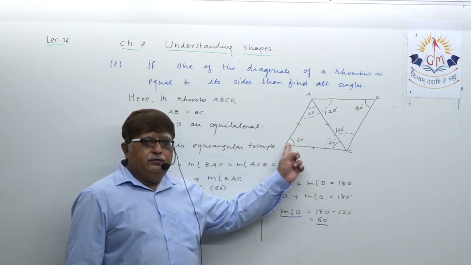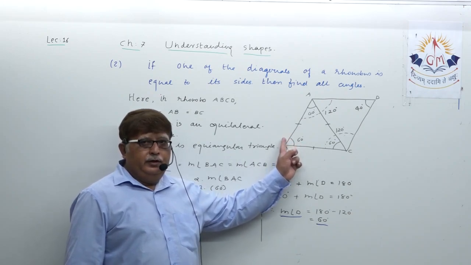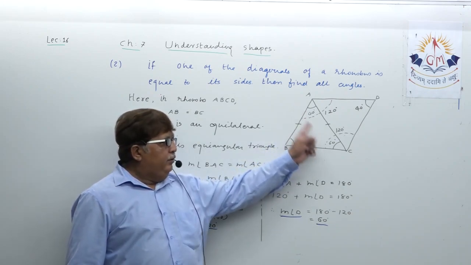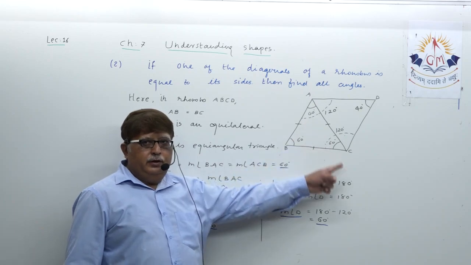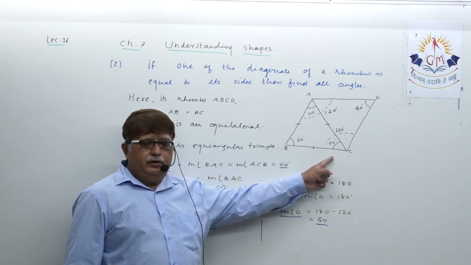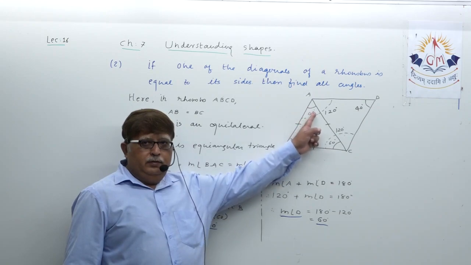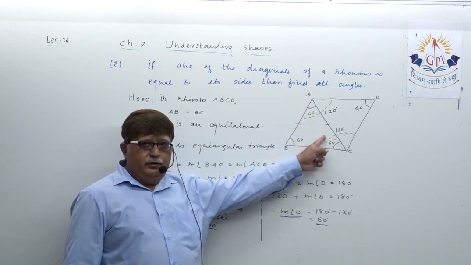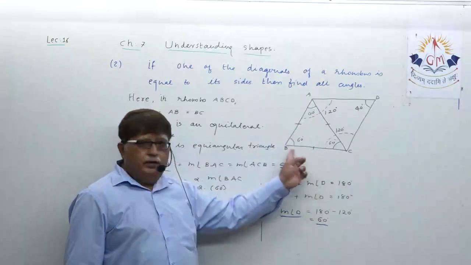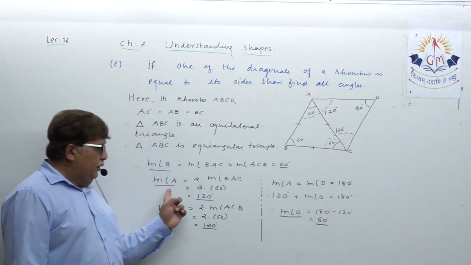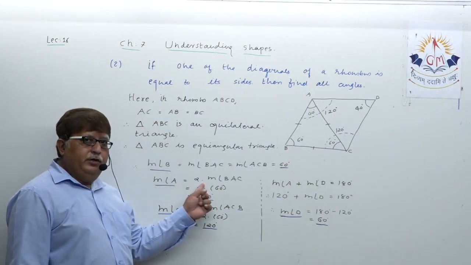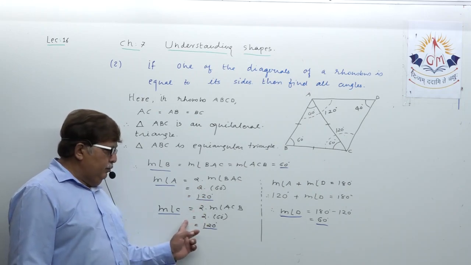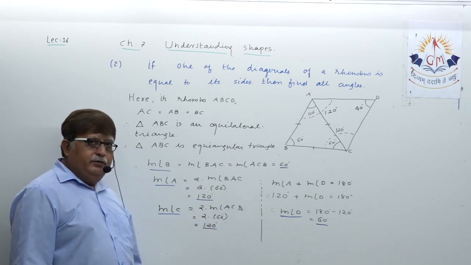Angle B 60 degrees, angle BAC 60 degrees, angle ACB 60 degrees. B you got. Now A is double of BAC, C is double of ACB. A twice BAC, C twice ACB.